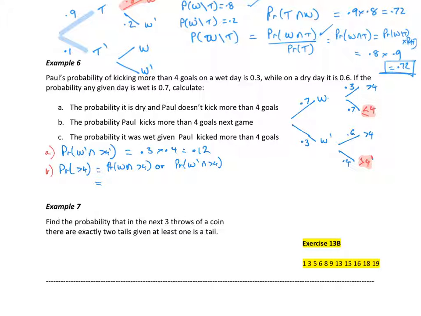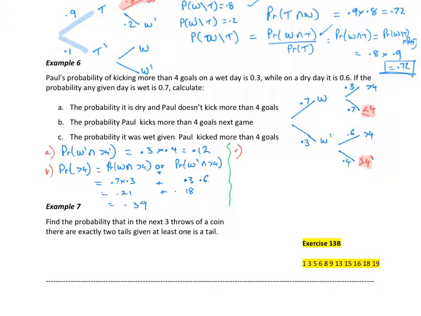So following my branches, wet and more than 4 is 0.7 by 0.3, or, which is a plus, not wet and more than 4 is 0.6, so we get 0.21 plus 0.18, which equals 0.39.